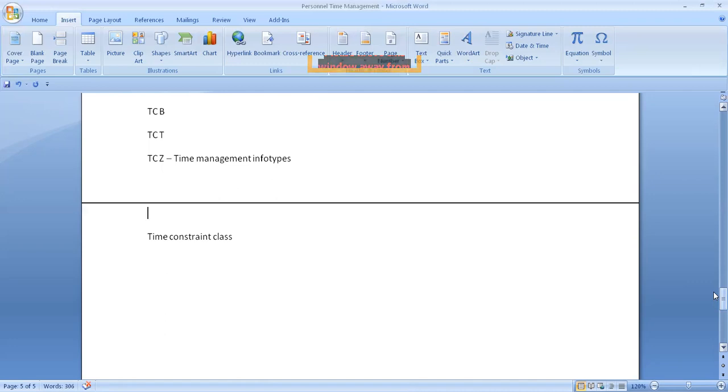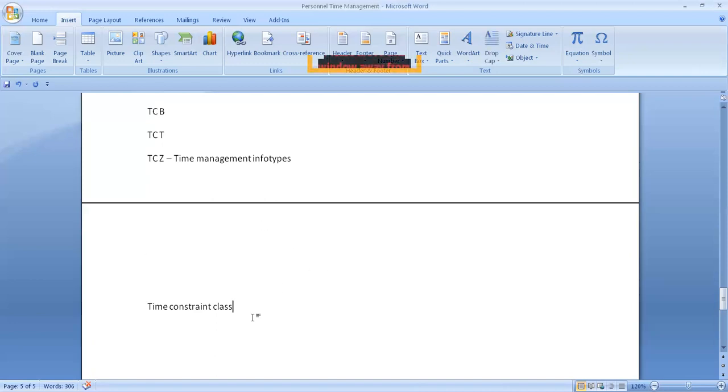So you can maintain this using time constraint class Z for time management info types, as we are in time management. And for certain subtypes, you are checking for any maintenance. Why? You are checking for the collision.